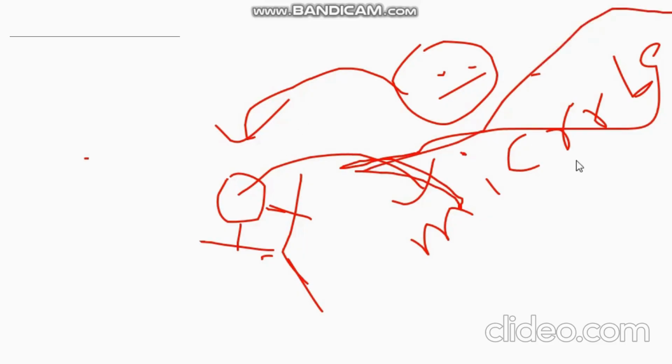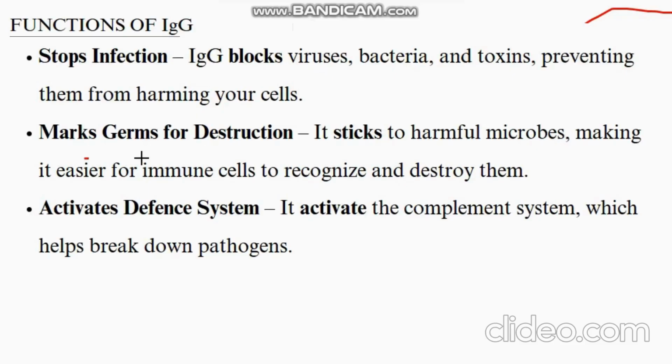Then that is marking the germs. It has a capacity to mark the germs, and make it easily recognizable for the immune cells, and helps in destruction of that harmful microbe or pathogen. Then it also activates the defense system, like it activates the complement system.